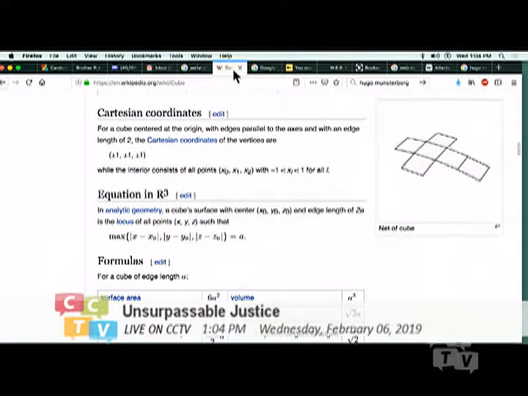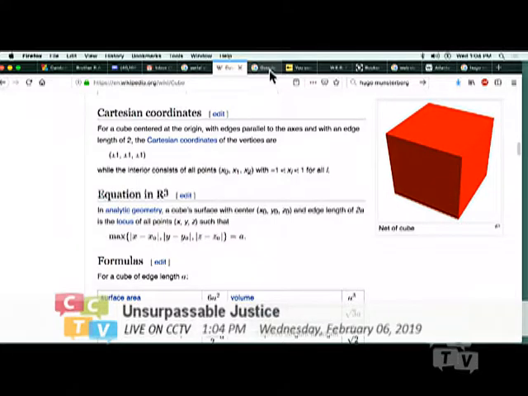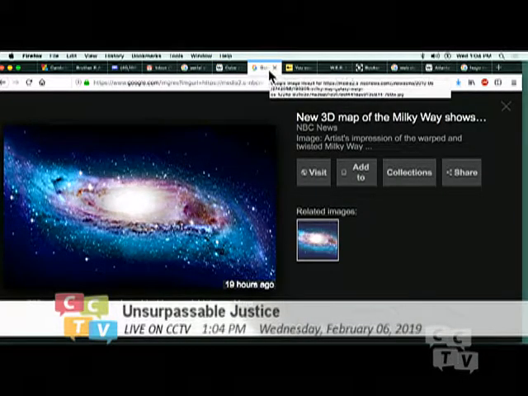And are you capable of acknowledging, do you let yourself go that deep into who you are as a divine energy, that this is the image they came up with most recently about the Milky Way galaxy as warped? Warped and twisted Milky Way.